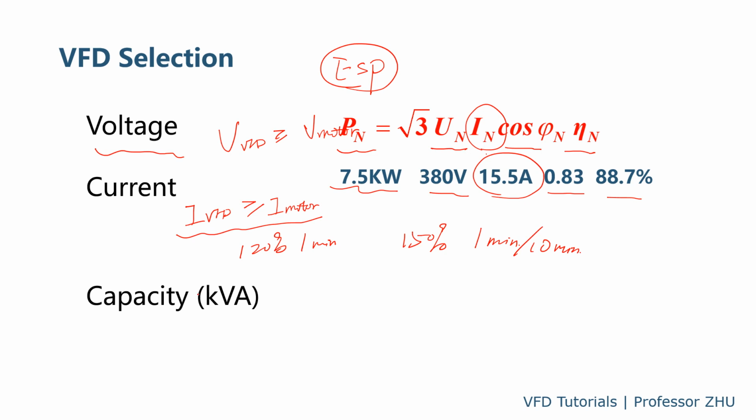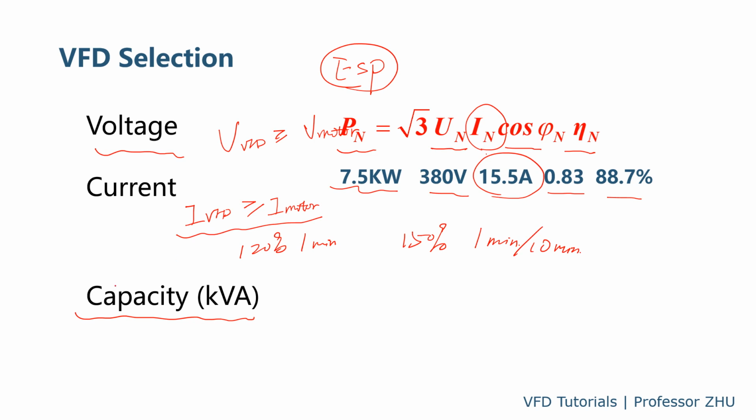And also, for the motor, as we said before, the rated power of the motor is in kW, the mechanical power on the shaft, not the electrical power. It is the output mechanical power.